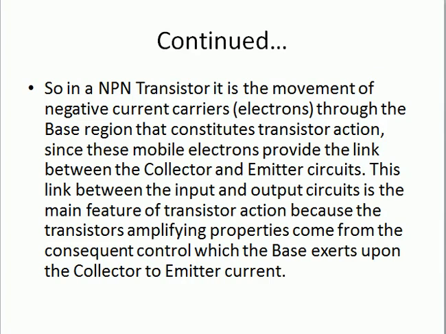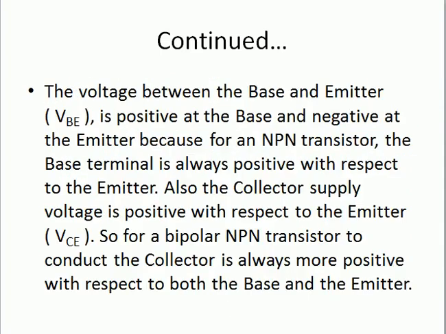Basically it depends upon the base, which is controlling the current, the charges that are coming from the emitter. Now how can we control it? How can we decide whether the transistor will act as an amplifier or as a switch? For this we will go to the first figure here.